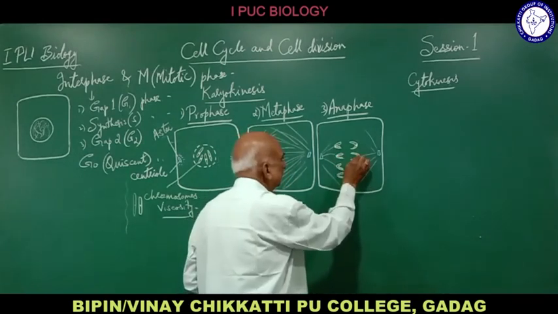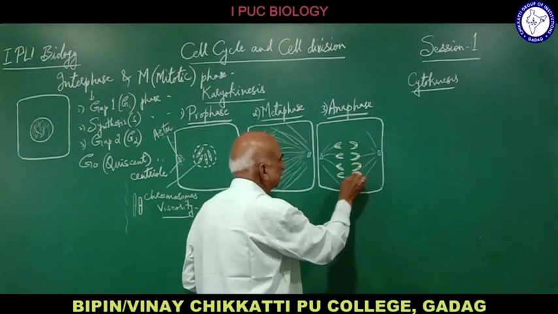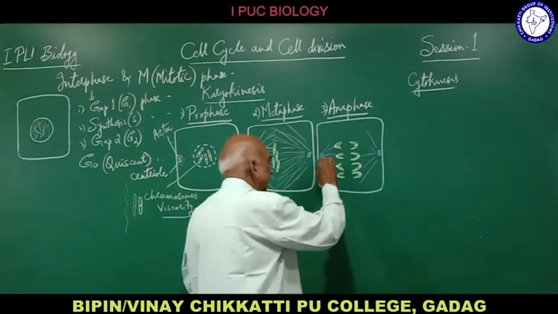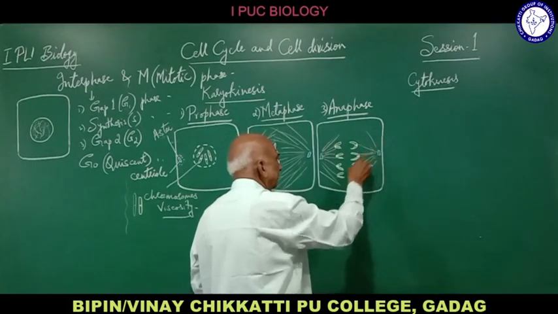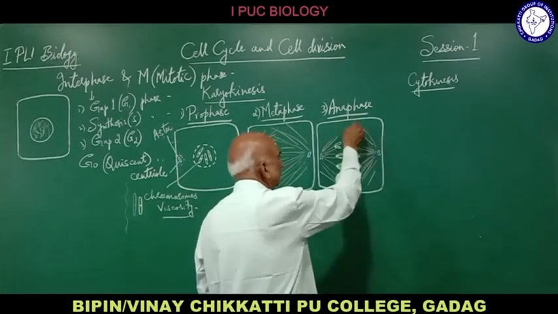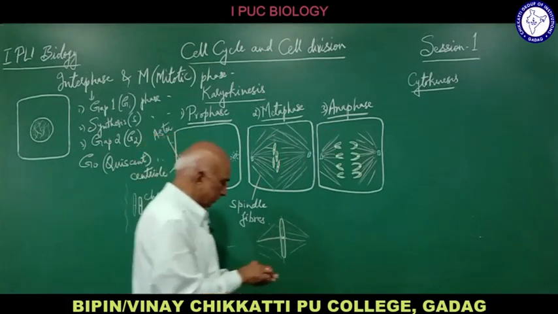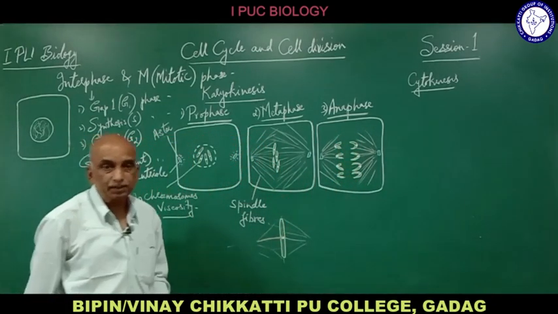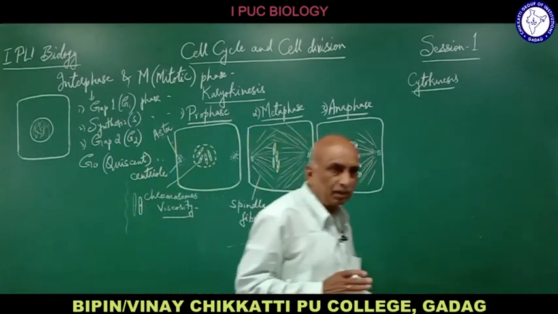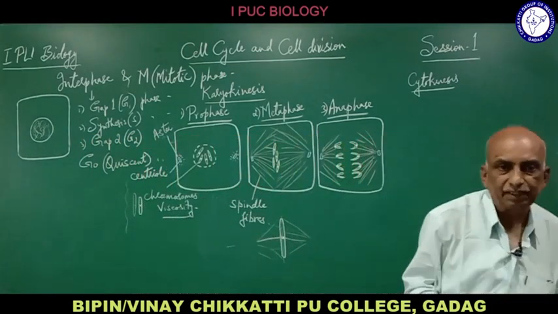These are the chromosomes which are split. The fibers attached to the chromosome are pulling the chromosomes to the opposite ends. This is the equatorial plane. The chromosomes now separate due to the splitting of the chromatids.